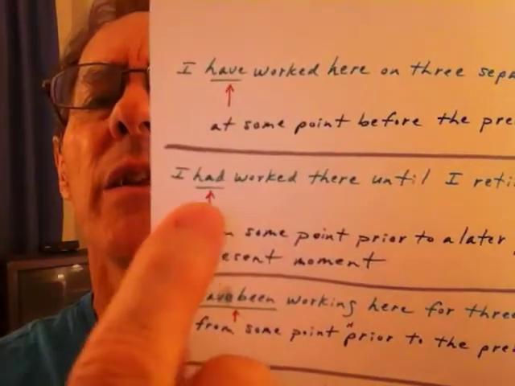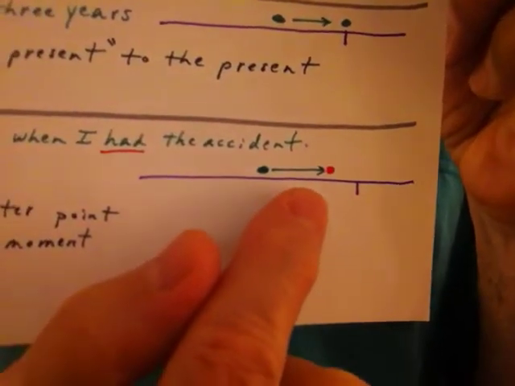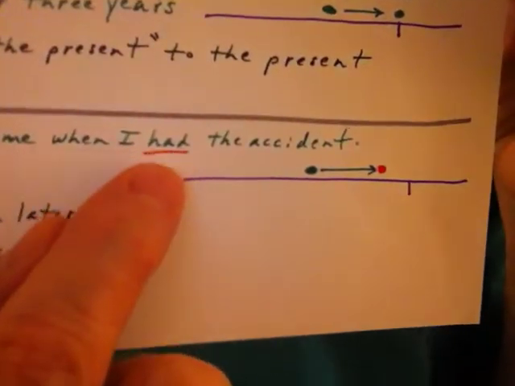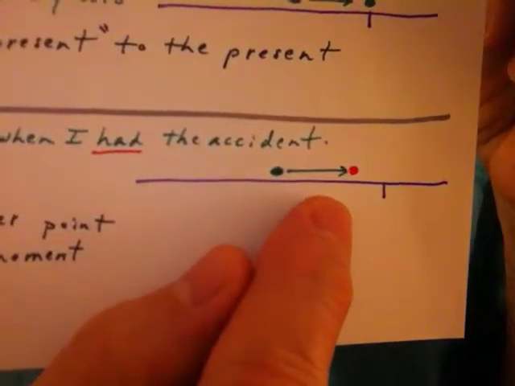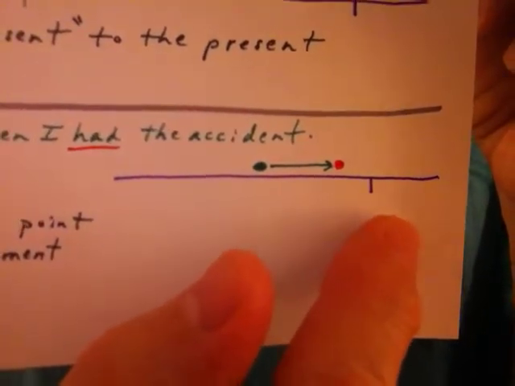And that's just like the original standalone word had. So you say, I had been working full-time when I had, you see had in red, had the accident. And then all came before the present moment. In other words, the moment that you're speaking.